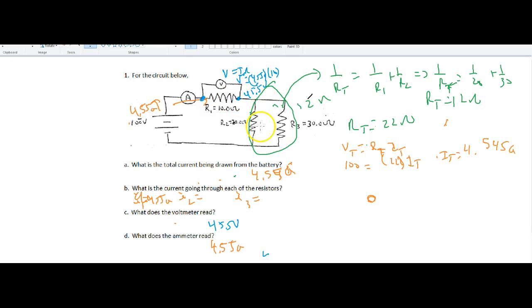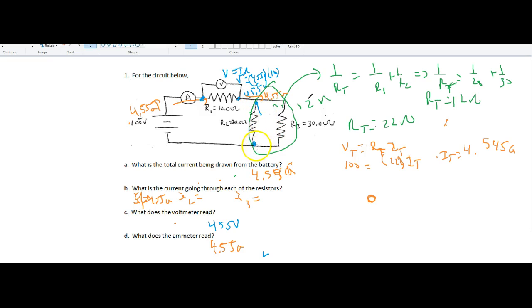Now that's real handy because, looking at the back side, I have a problem. I don't know how to do this parallel. I don't know how much current's going down each route. I know 4.55 amps is going into it, but I don't know how much goes down each path. And the answer is simpler than that. You look back and go, well, gee, what is the voltage left over going from here to here?